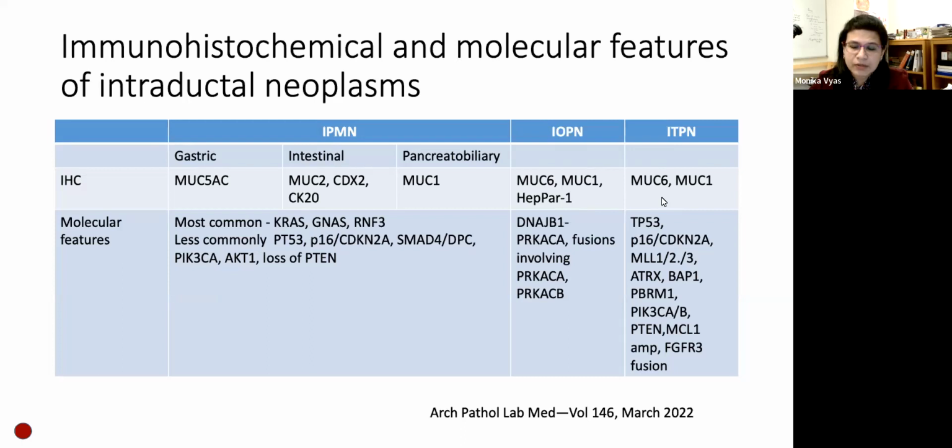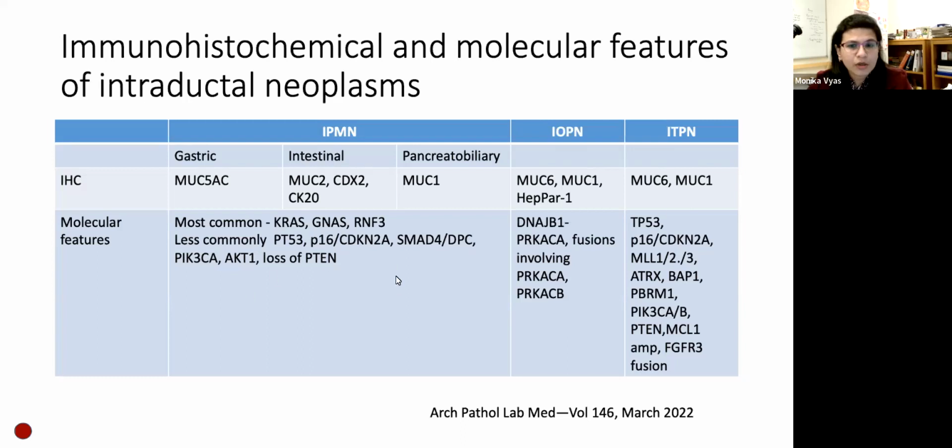And then ITPNs, something we didn't discuss but often discussed along the same lines, are the intraductal tubulopapillary neoplasms of the pancreas. These, by definition, are again high grade and have a high chance of invasive malignancy. Usually they show a pushing type of invasion, so they are very difficult to diagnose on small specimens. They also show MUC6 and MUC1 positivity.